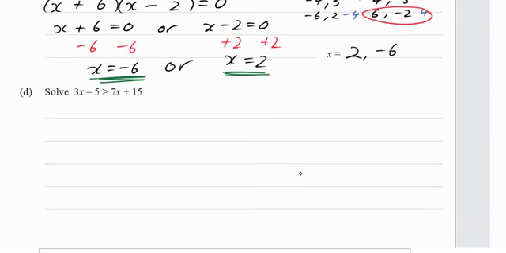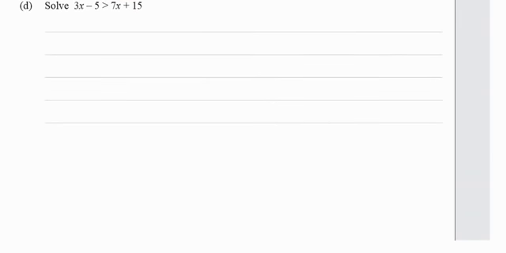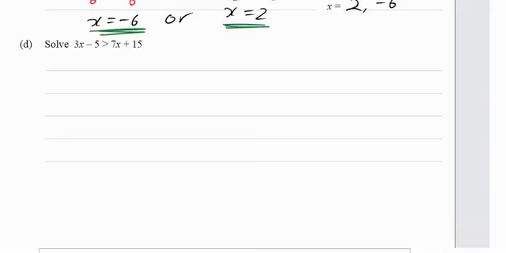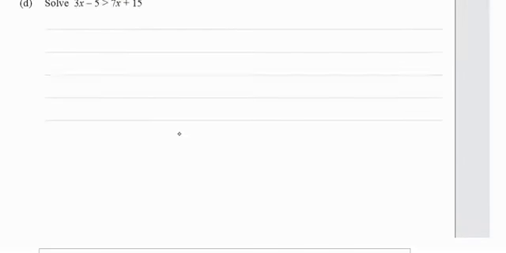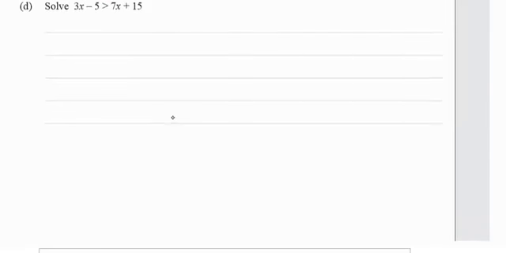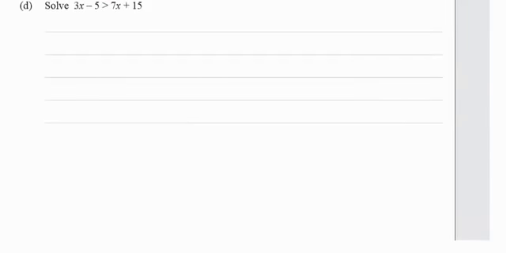Okay, on to question D. Alright, so question D is an inequality, but we treat it in a similar manner to a normal equation, except that we have to deal with this greater than or less than sign in the middle. Alright, so what we'll do if we begin treating it a bit like an equation, I'm going to start by subtracting 7x from both sides so that I get my x's all on one side.